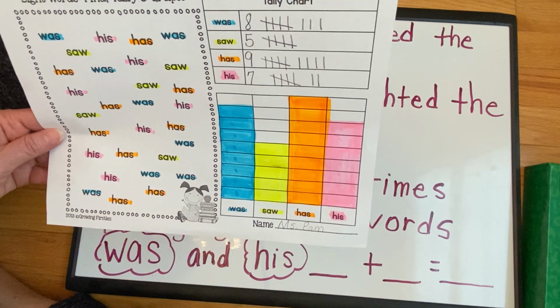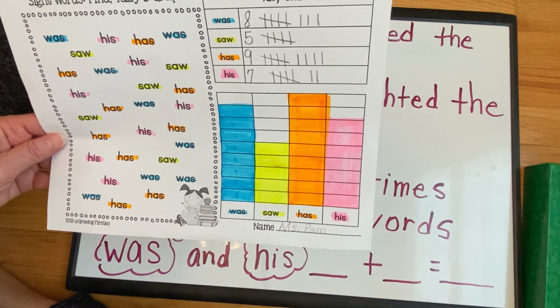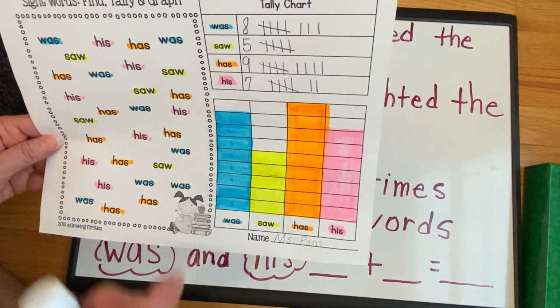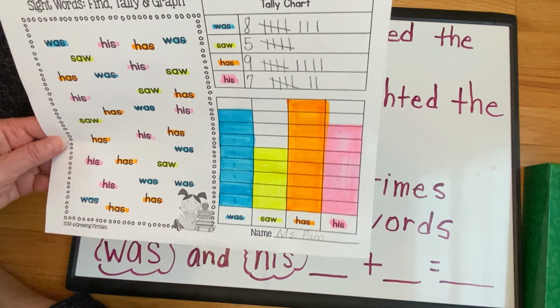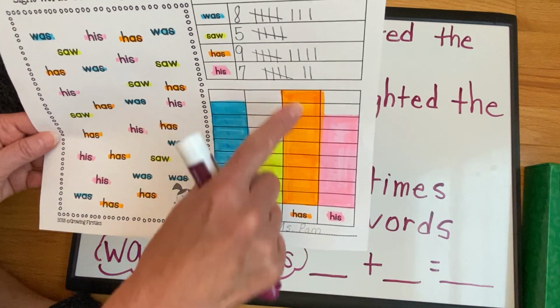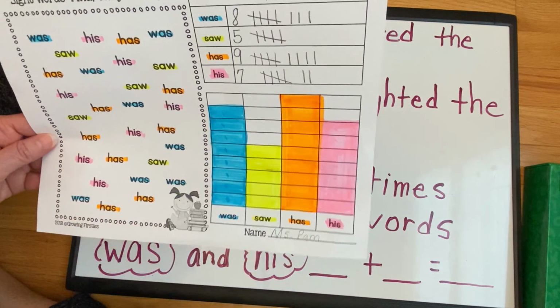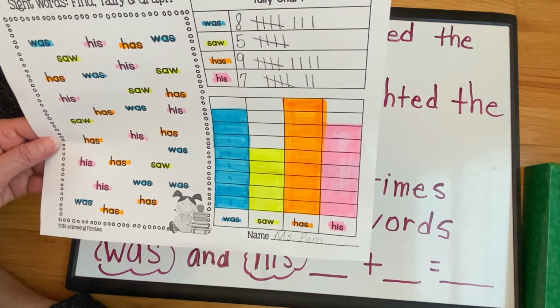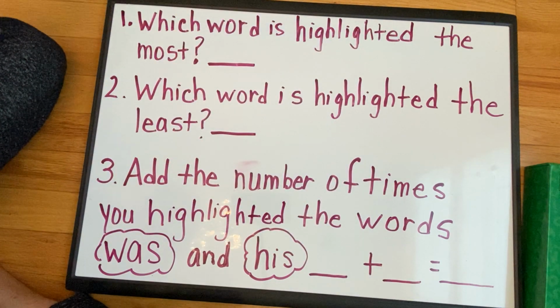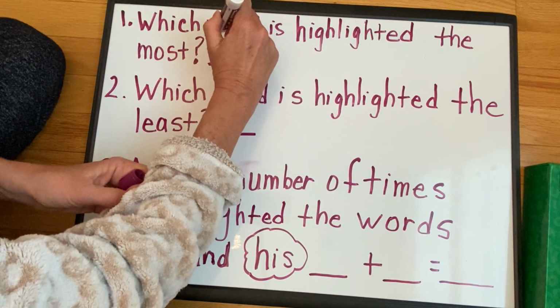Because remember, graphs are ways that we can interpret information. And which bar is the biggest, the longest, the greatest, the highest? It's this one, because you colored in more squares, or rectangles, than any other word. So the answer to question number 1 is the word has.